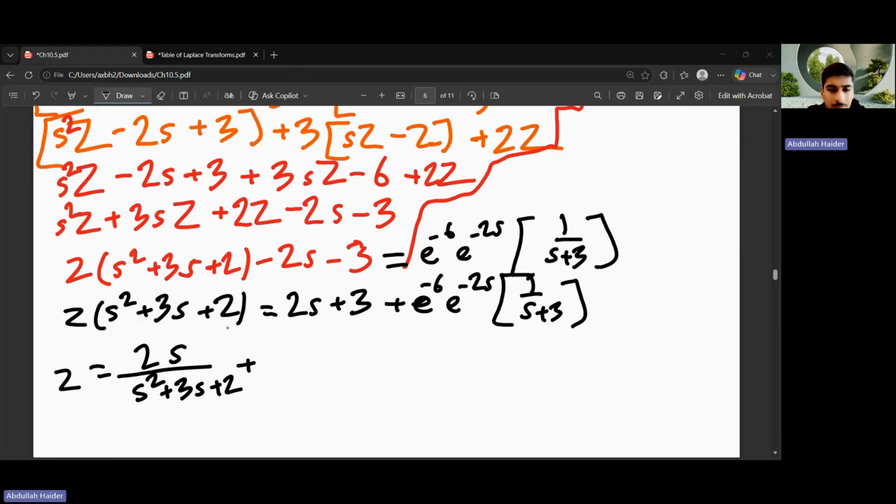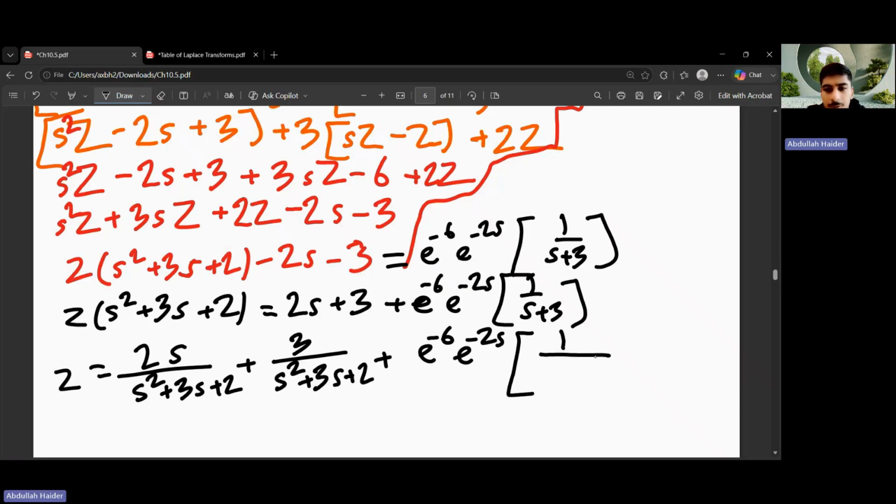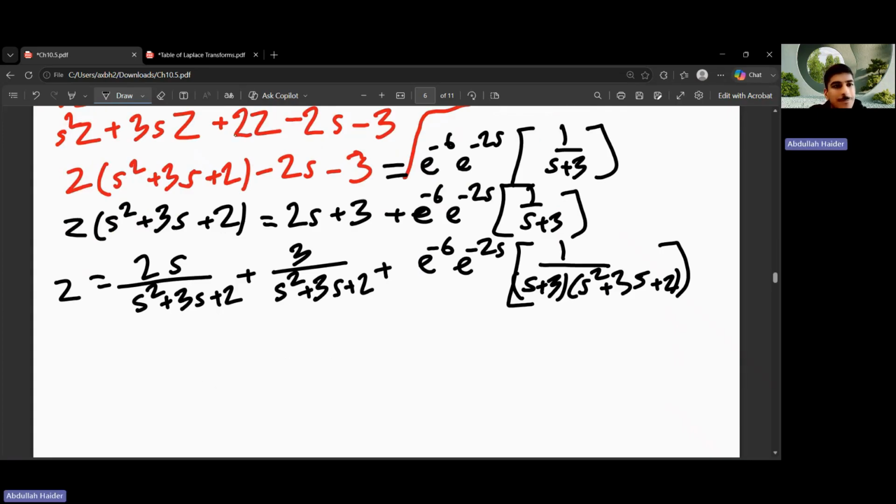Can this be factored, by the way? Yes, it can, but let's wait. So 3 over s² + 3s + 2 plus e^(-6) e^(-2s) 1 over s+3. So now this is our main big equation.